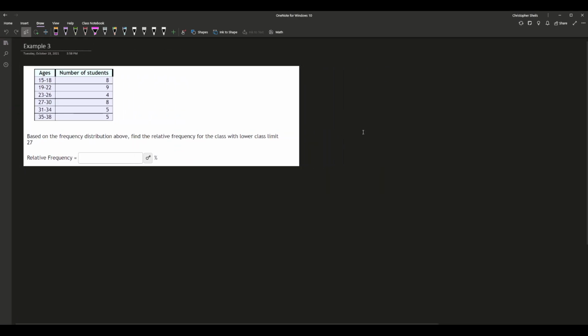And for this third example, we're given a frequency distribution, and we want to find the relative frequency for the class with the lower class limit 27. Here we want to find the relative frequency.